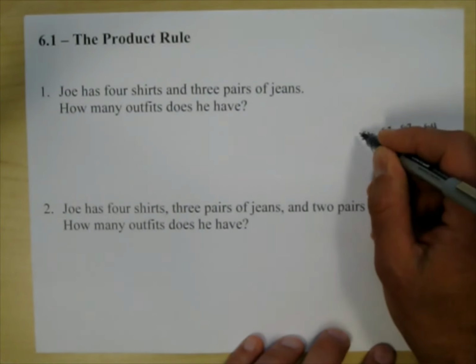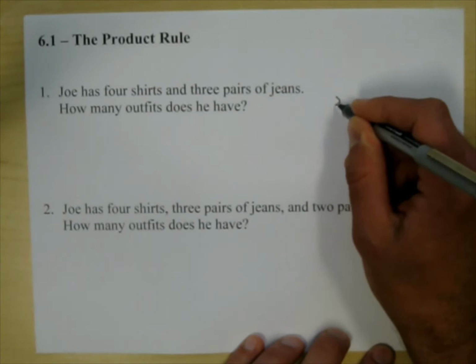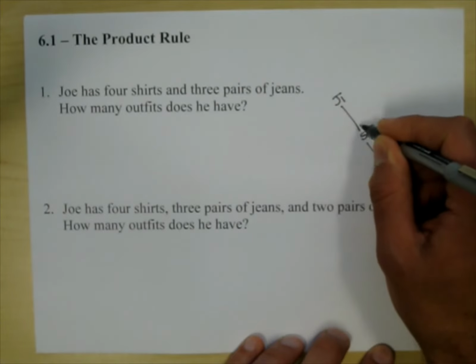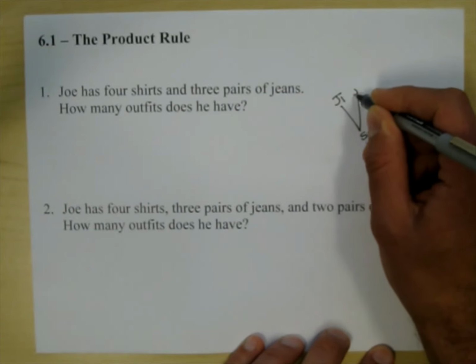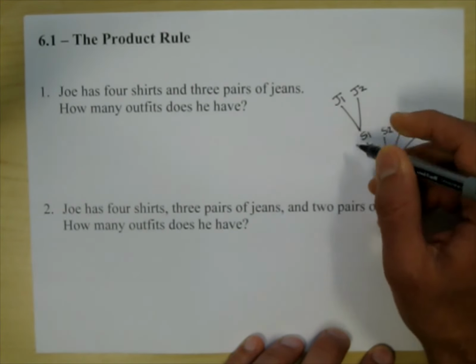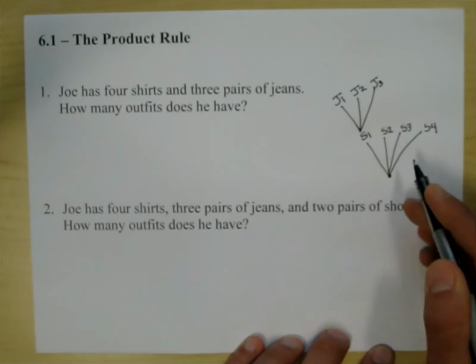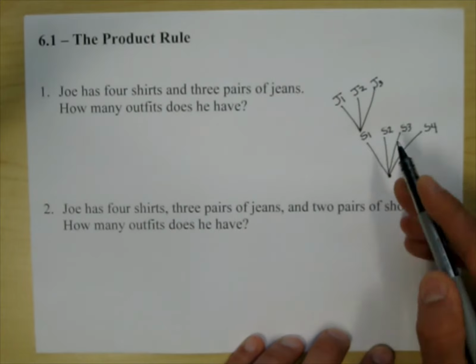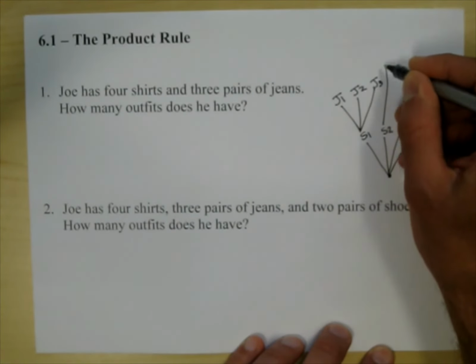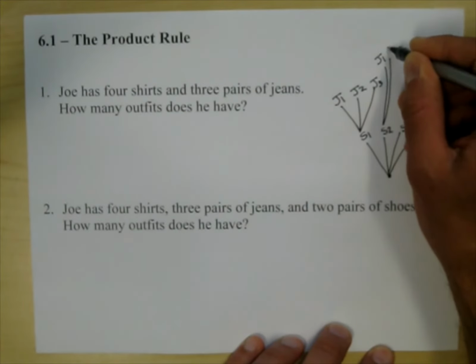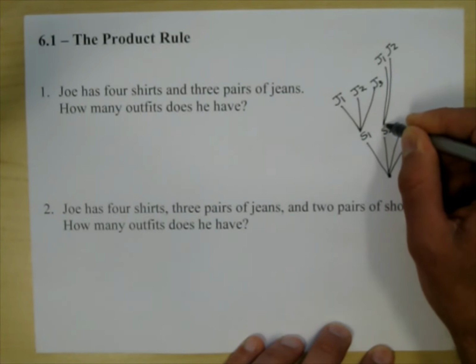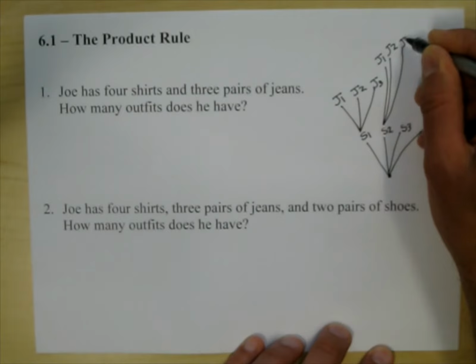The first choice would be jeans 1, jeans 2, jeans 3. And then the same thing with shirt 2. I can pick the same 3 things. So jeans 1, jeans 2, jeans 3.